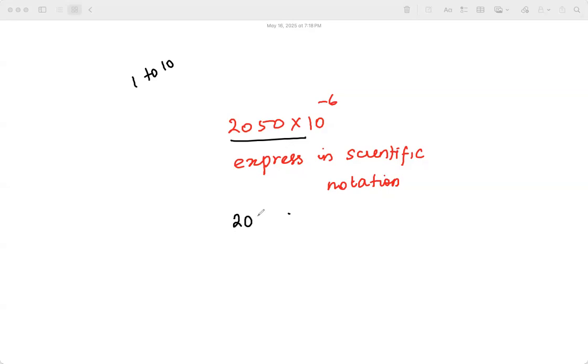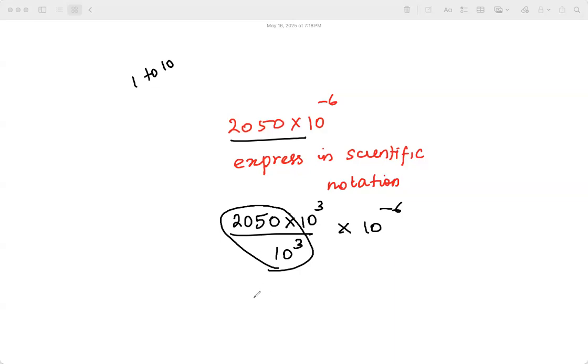You divide it by 1,000. Exactly. Multiply by 10 power of 3, divide by 10 power of 3. Now what happens? This division by 10 power of 3, if you regroup, it becomes 2.050 times 10 power of 3 times 10 power of minus 6. So what happens?